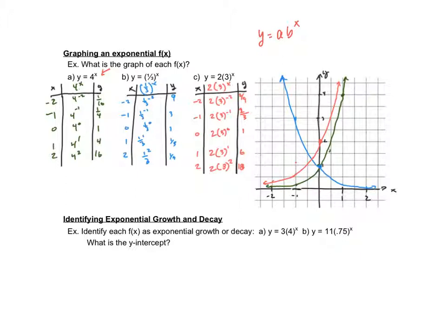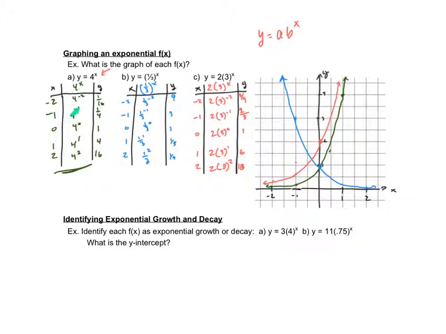So if I graph this green graph right here, I've plotted some points from -2 to 2, and I've used those 5 points to plug into my equation. For -2, that's 4 raised to the -2, because I'm replacing x with my determined x value. That would give me 1/16.